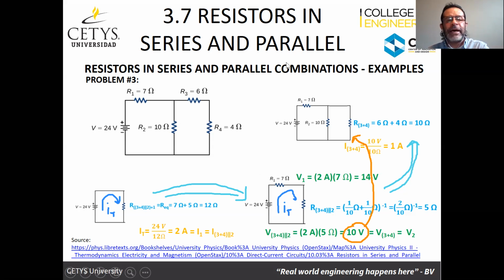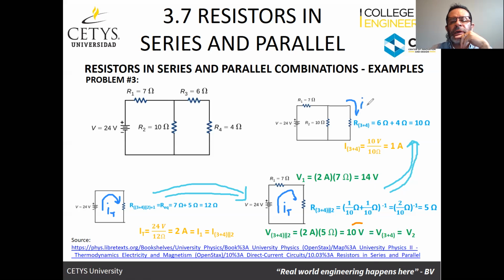And since we have that voltage already calculated, using Ohm's law we can find the current. How do we find the current in each of these? There's going to be a current going through here, which I'm going to call I3 plus 4, and another current going through here, which is I2.